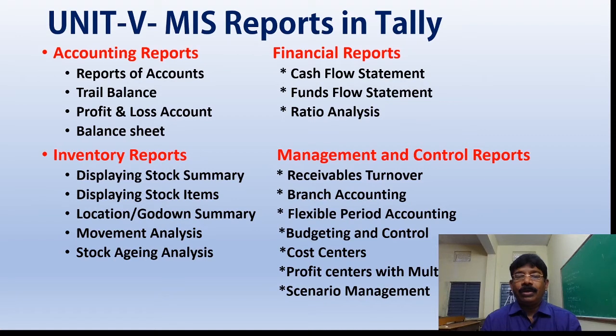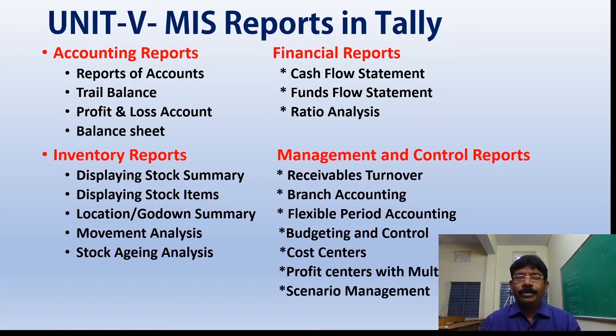Inventory reports are stock summary, stock items, where each item we can open and see the balance, and godown summary, showing what items are stored in a particular godown. We can also generate stock movement analysis and stock aging analysis.